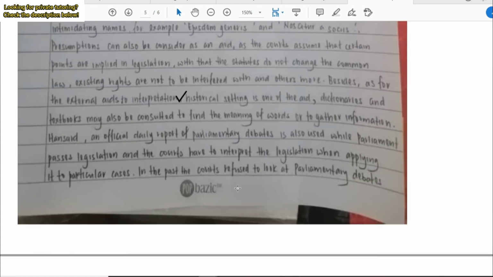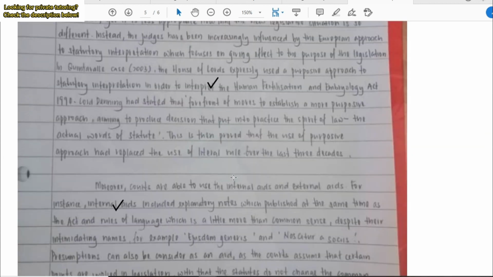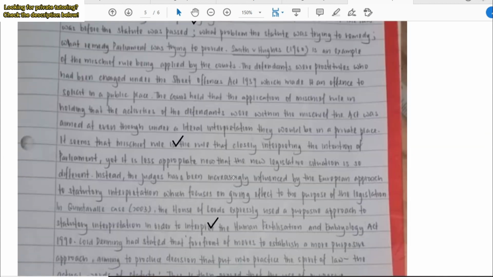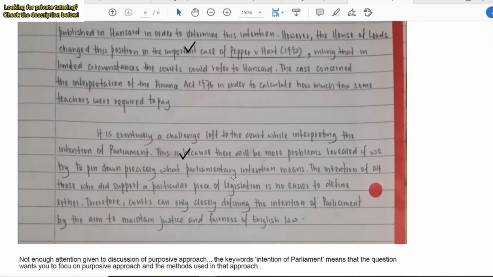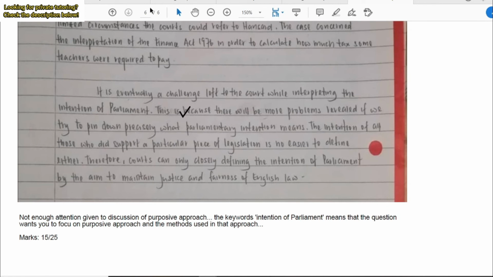This one, like I say, also same thing. Okay, not much on the purposive approach, or at least not enough. All right. So generally, I hope that you all here understand what is the problem.